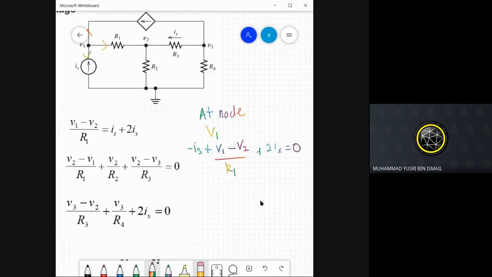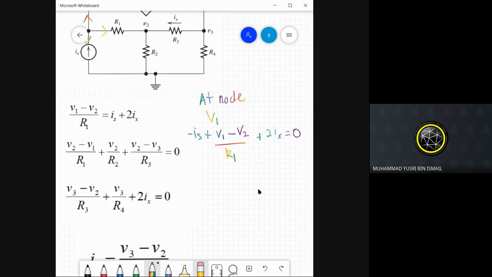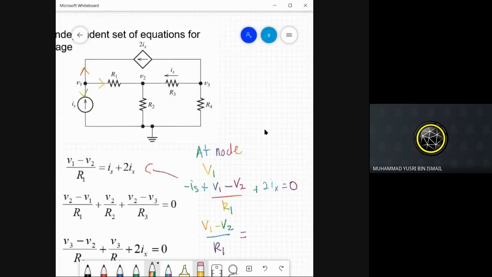Okay, now kita arrange macam ni: V1 minus V2 divided by R1 equal to negative. Okay, this is negative. Why? Because it is in the opposite direction.